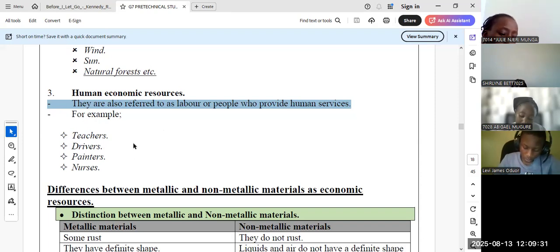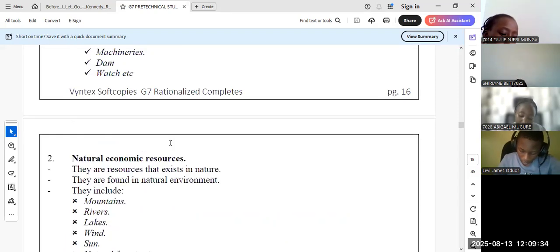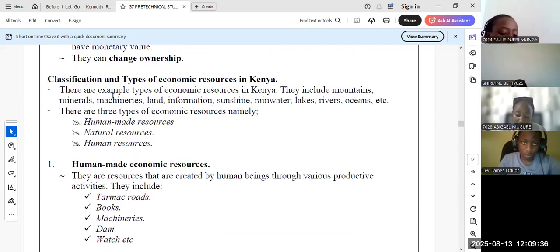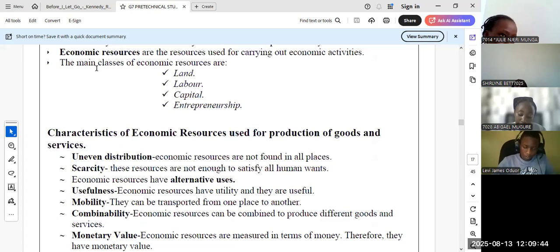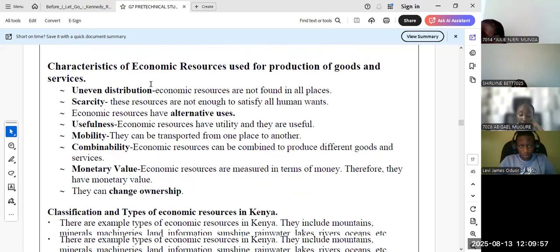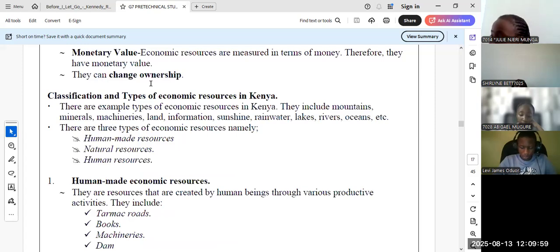Please, I am repeating. Don't confuse what we call classification and types of economic resources in Kenya with what we refer to as classes of economic resources. The main classes of economic resources are 4: land, labor, capital, entrepreneurship. Now, the classification and types of economic resources in Kenya, we have 3.